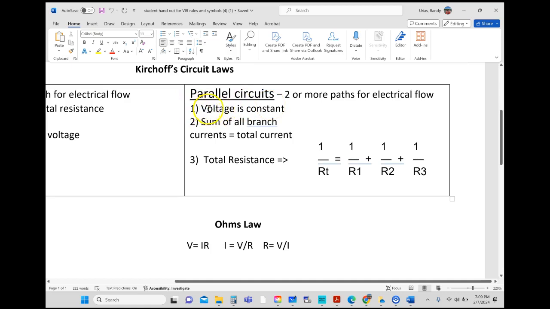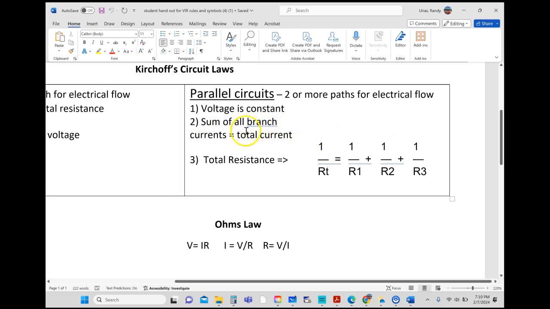If you remember, voltage is the one that drops across the resistor, and it was current that was constant. In a parallel circuit, voltage is constant. So once you know voltage, voltage stays the same all the way through that circuit. The sum of all branch currents equals total current. So the current is the one that's going to be dropping across those resistors.